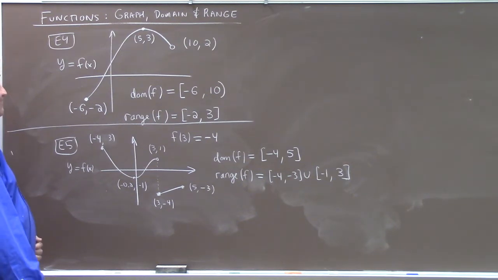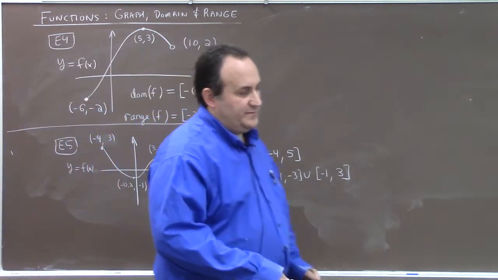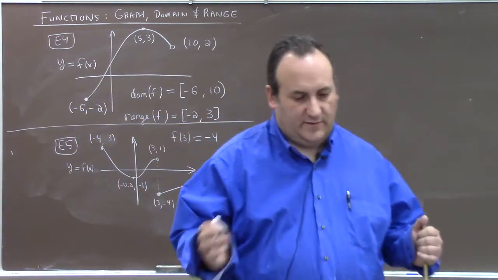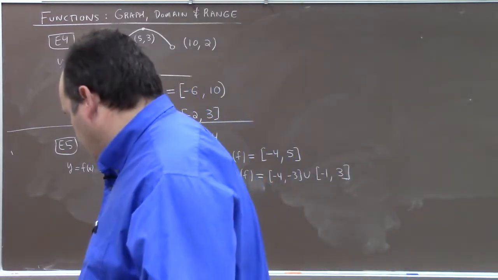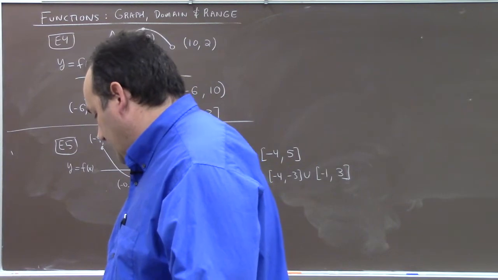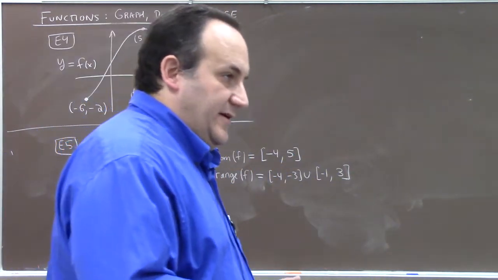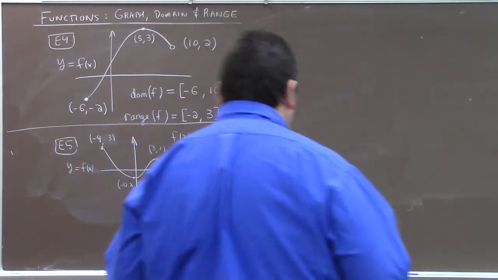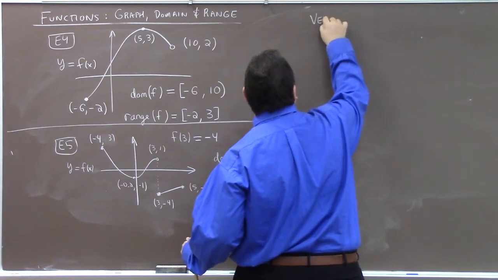Now, the other question. Up till now, we've sort of dodged the question, except for my cautionary dot diagram picture, we have pretty much been looking at things that are functions, right? But there are lots of things that you can draw the graph of that are not functions. So we can talk about what's called the vertical line test.